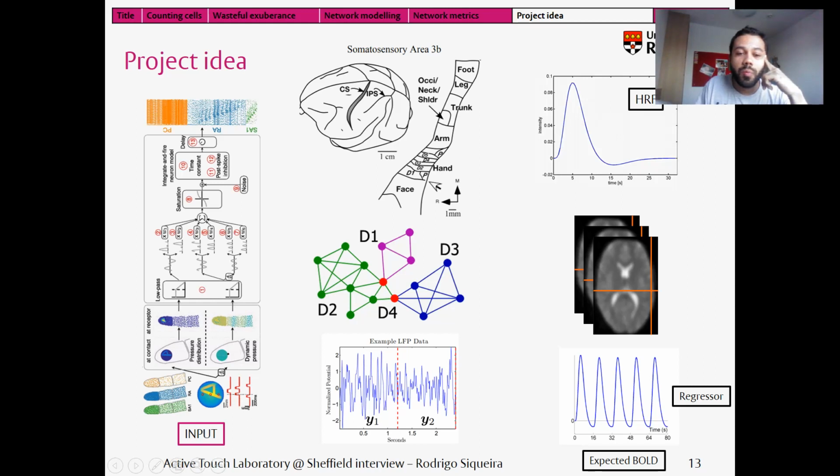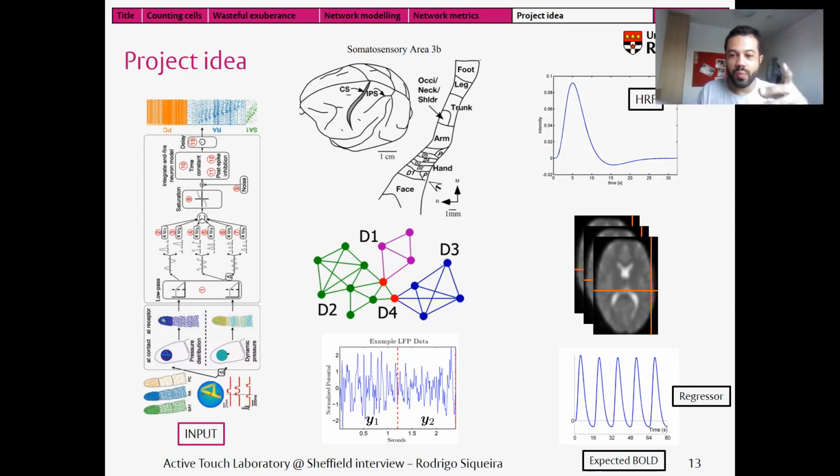So if I have populations of simulated neurons for each one of these communities here, I can extract population data, LFPs, in a way, and then with the HRF function, with the blood flow function from a balloon model, for instance, I could convolve the both of them and get to the expected BOLD signal. And that BOLD signal I could actually test against the BOLD signal from experimental fMRI.